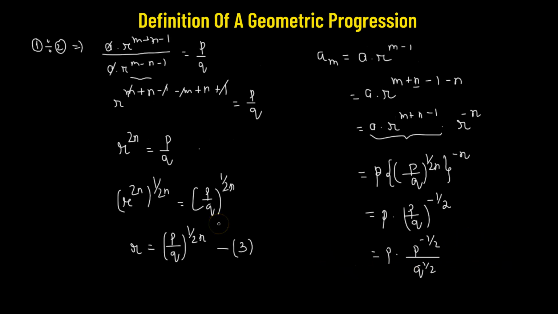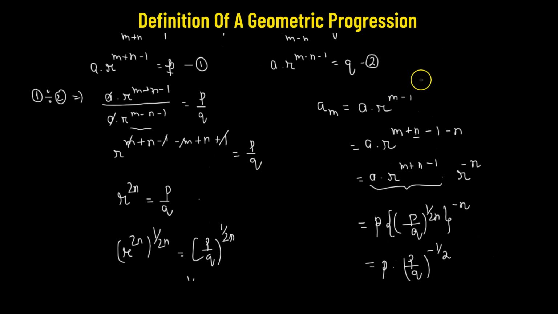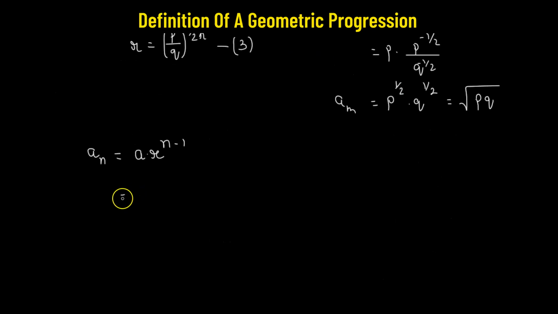Now we need to obtain the value of the nth term. So our nth term will be equal to a times r raised to the power of n minus 1. Now we'll be using this equation number 2. So that means we need our common ratio, the power of the common ratio in this particular format, n minus 1. So that means we have a raised to the power of m minus n minus 1.